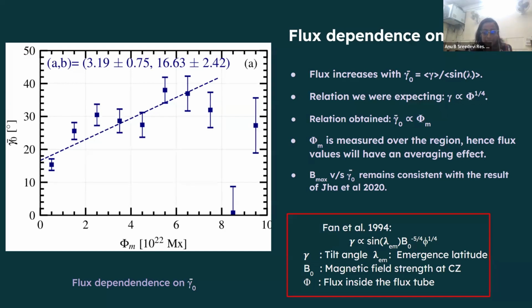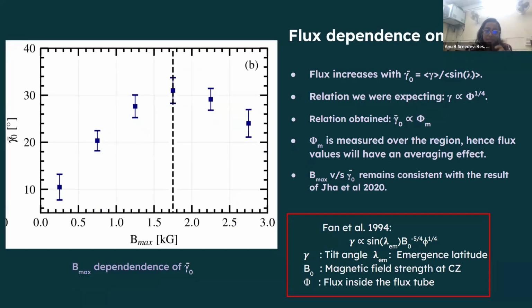Now, as I said, the magnetic field and flux are not independent quantities. In our analysis, the BMR's magnetic field and flux are related, so the higher the flux, the higher the maximum magnetic field value. And we see a similar trend when we look at Bmax versus gamma 0 bar.